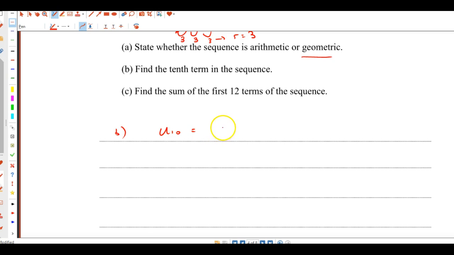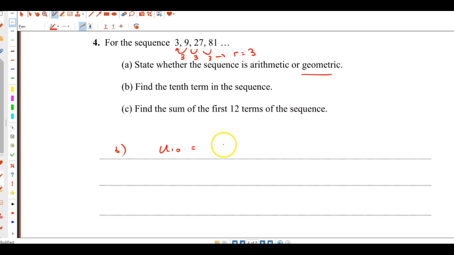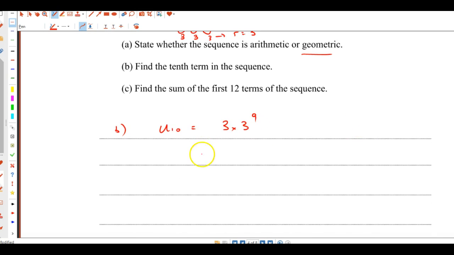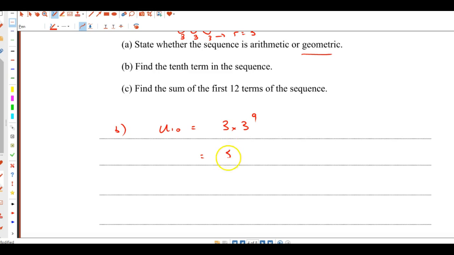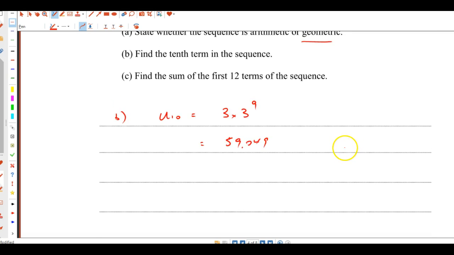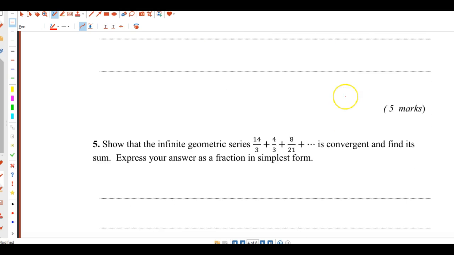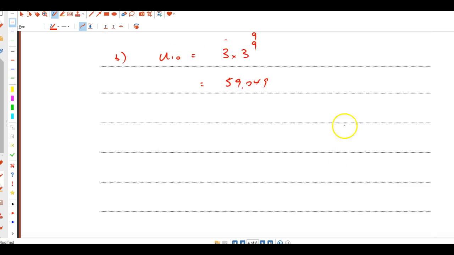It's u1, which is 3, times my ratio, which is 3, to the n minus 1, which is 9. 3 times 3 to the power of 9. Get a calculator out, and we type in 3 times 3 to the power of 9, and we hit enter, and we get 59,049. 59,049 is our result. And then it's a sum question, which we will come to in the next YouTube.